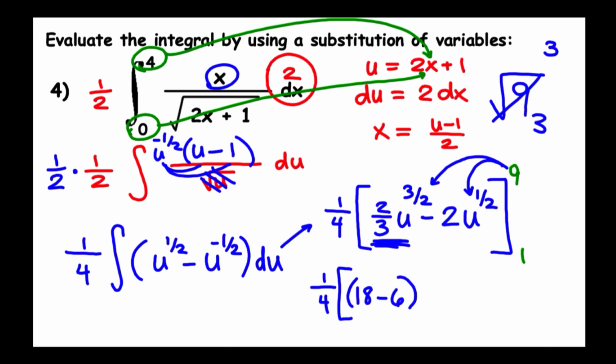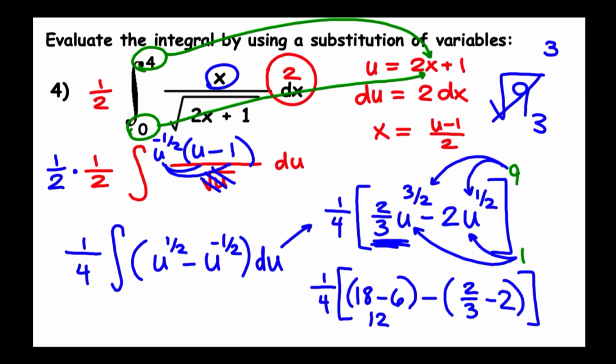Okay, so the first part will be a 12. Minus, because that's first fundamental theorem. In goes the 1. 1 to any power is 1, so this is just going to be 2/3 minus 2. 12 minus negative 4/3.